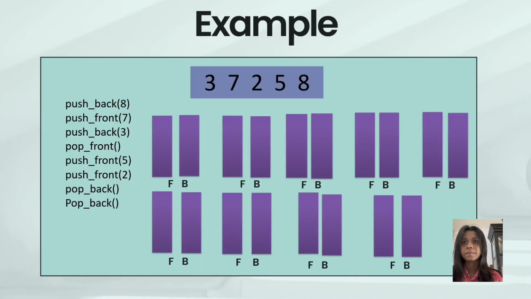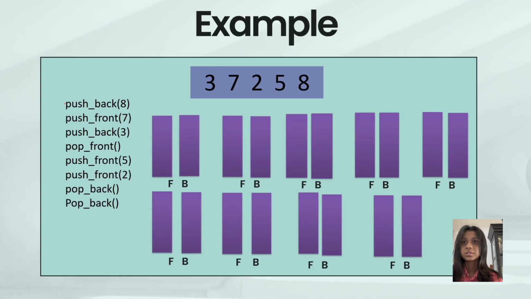As you can see, there are some operations that we can use. As I said before, there are 4 operations: push back, push front, pop front, and pop back. By using all these 4 operations, let's implement a deck using 2 stacks. In the first operation, they say to push back 8.